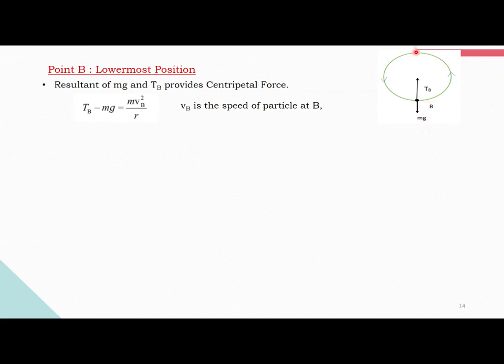If A is here and is the uppermost point and B is here which is the lowermost point, then the displacement of this is twice r, because r is the radius of this circle, and we can write that the displacement between these two points is twice r, which is the diameter.